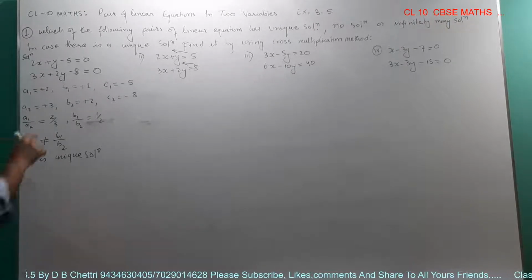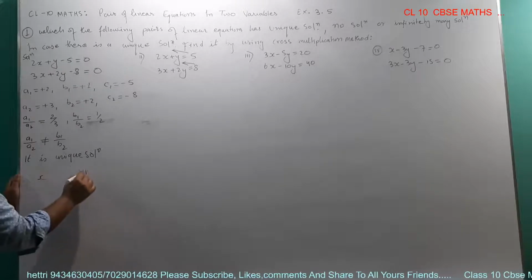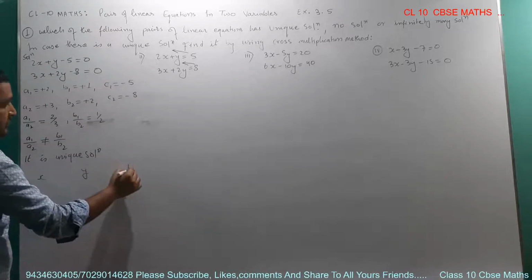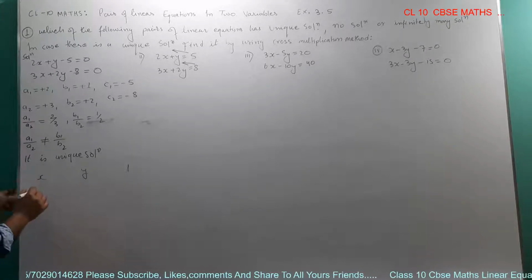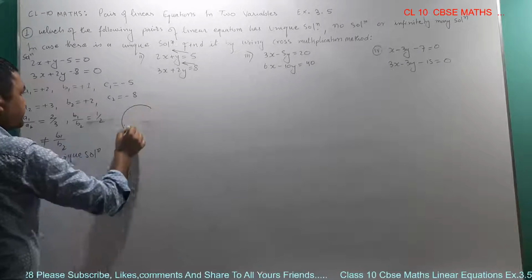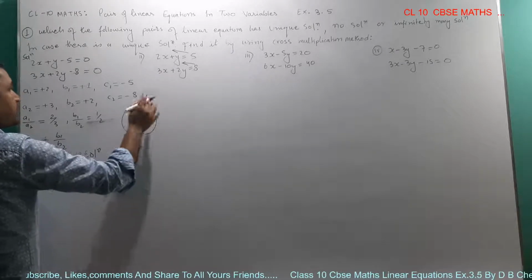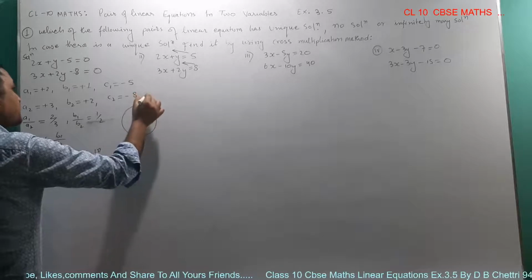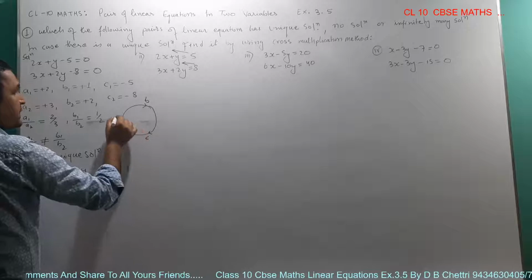Okay, then our variables are x, y, then constant 1. Then, as I always say, it starts from the b. Remember, the cross multiplication method starts from b. Okay, start from b. After b, what will come? C, then a.